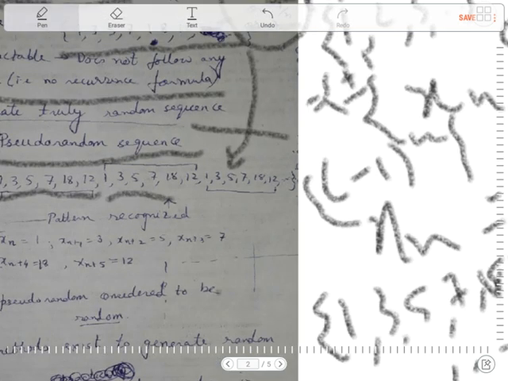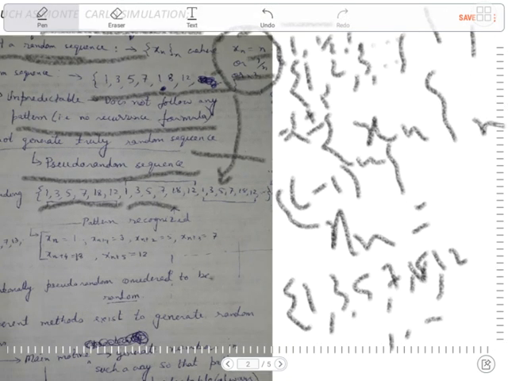They are all repeating. That means in short you can write like this: xn equals 1, xn plus 1 equals 3, xn plus 2 equals 5, xn plus 3 equals 7, xn plus 4 equals 18, xn plus 5 equals 12, where n varies over n equals 1, 7, 13 like that.